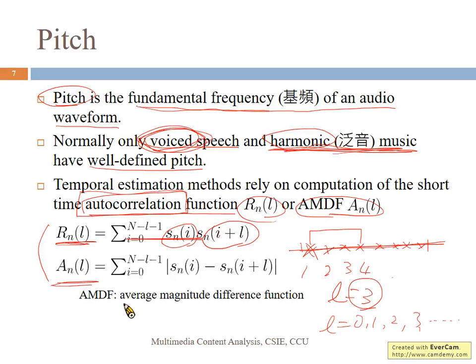The second way is called the average magnitude difference function, AMDF. So we simply take the difference between S_n(i) and S_n(i+L). That means if, for example, in this case, S_n(1) is very similar to S_n(4) periodically, then this value will be quite small.